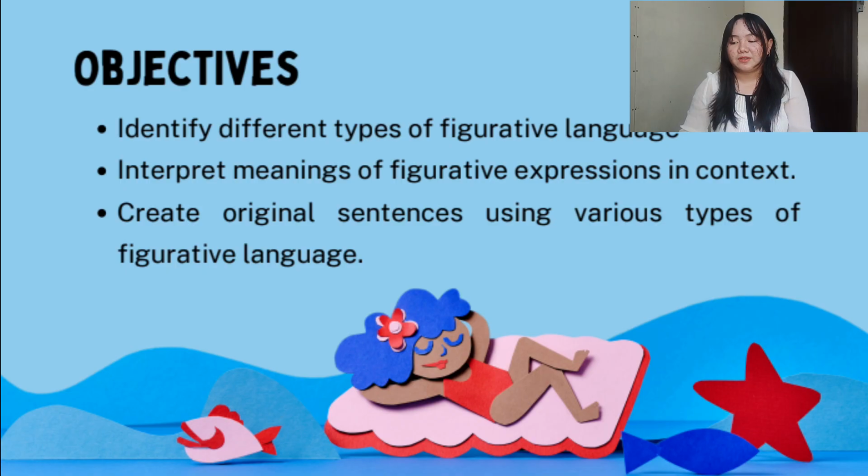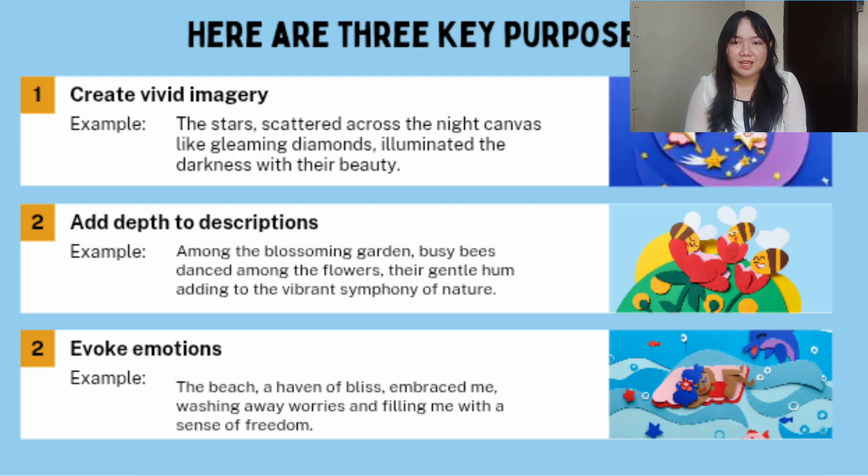The objectives are to identify different types of figurative language, interpret meanings of figurative expressions in context, and create original sentences using various types of figurative language. We have here the 3 key purposes: create vivid imagery, add depth to descriptions, and evoke emotion.